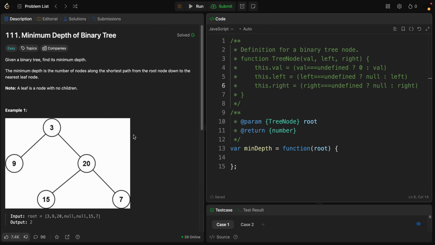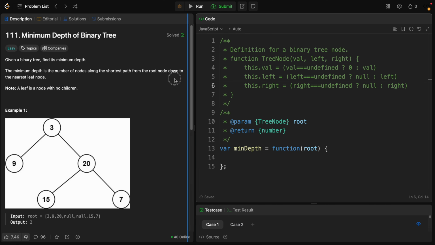A key concept to keep in mind is that a leaf node is a node with no children, where both left and right are null. The minimum depth is determined by the shortest path to any leaf node. This problem can be solved recursively: we create a recursive function that visits all the right and all the left until we find a leaf node on each side, and we compare both of them.